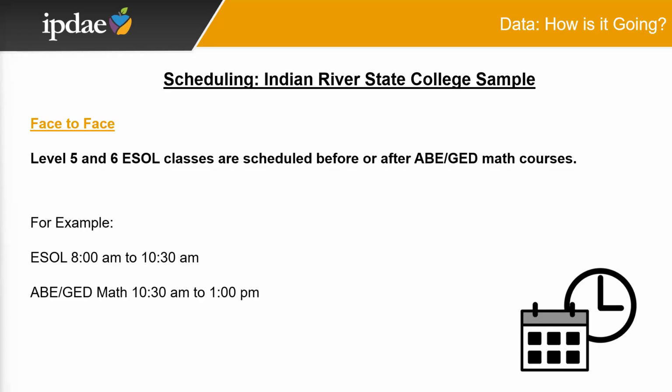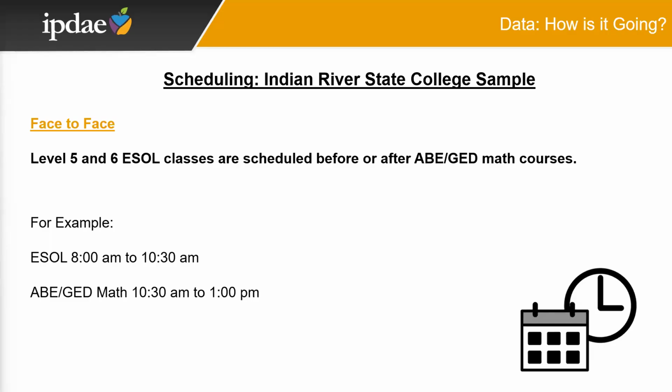Students can take math and then move to a nearby classroom in the same building across the hall and take ESOL, or vice versa. We strategically scheduled classes and classrooms to accommodate students wishing to be co-enrolled.